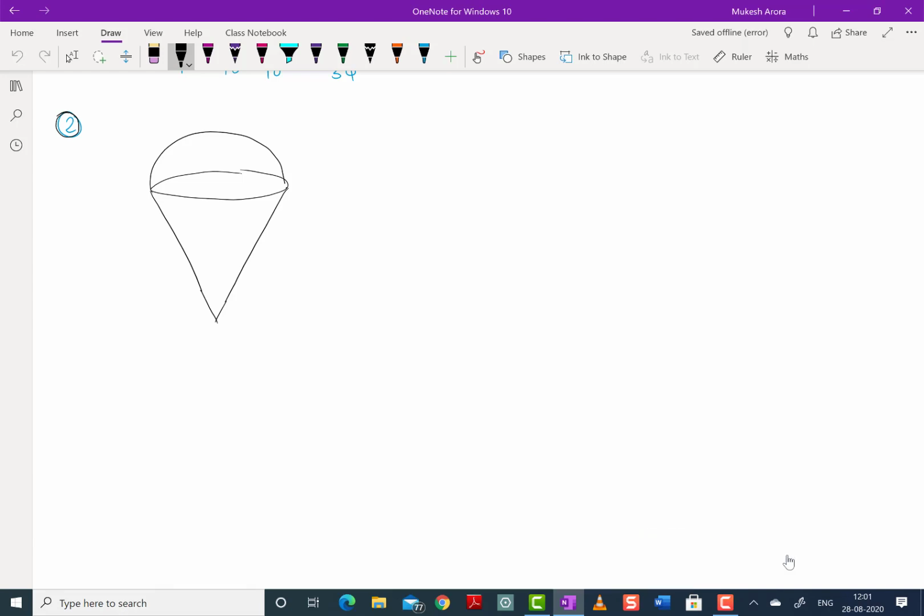If the radius is 3.5 centimeter, and the height of the ice cream cone is 12.5 centimeter. Find the volume of ice cream.